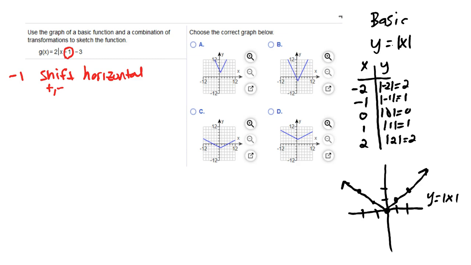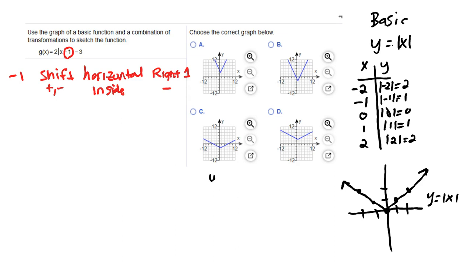I know this is a horizontal shift because that -1 is on the inside of the absolute value. And then because it's a minus, I know that I'm going to go to the right 1 unit. So that's my first transformation, is I'm going to shift the graph 1 unit to the right.